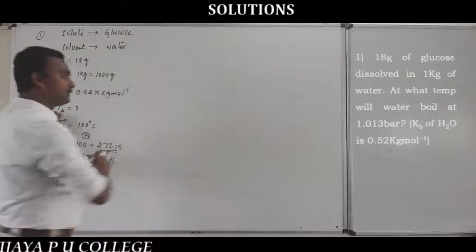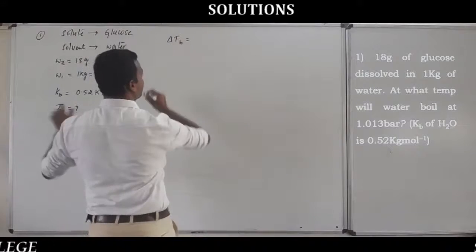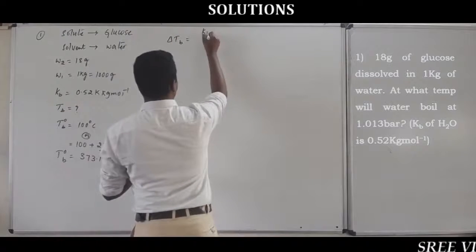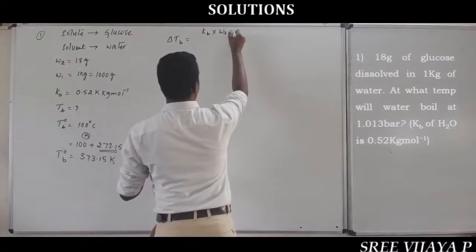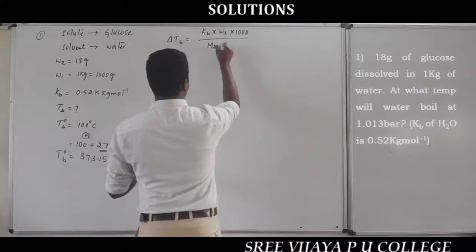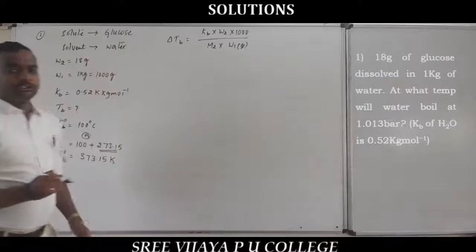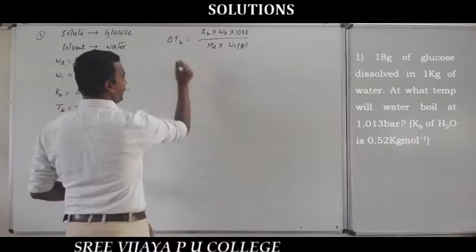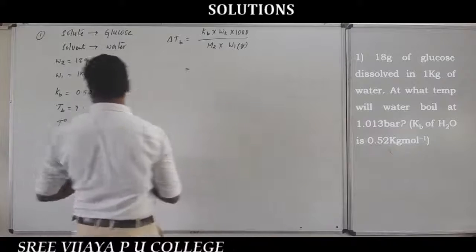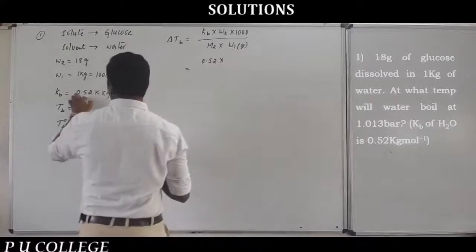What is the equation for elevation of boiling point? That is delta Tb is equal to Kb into W2 into 1000, whole divided by M2 into W1 in grams. So first, delta Tb is equal to, what is the value of Kb? Kb is equal to 0.52. What is W2?